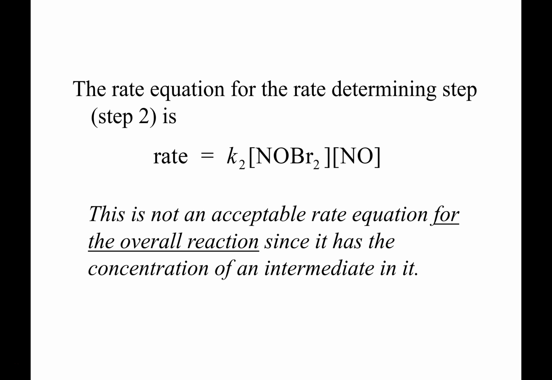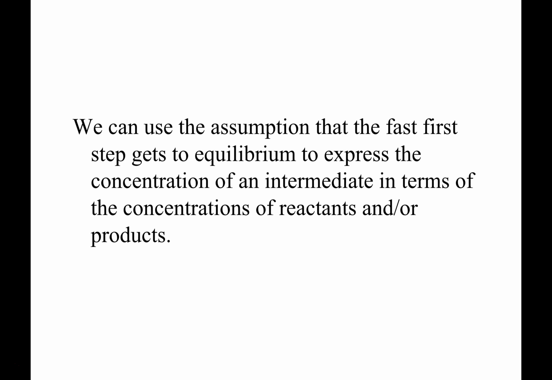If this happens to you, probably your slow step has an intermediate on the reactant side, because you use the molecular reactants to get your rate law expression. If you look before it, you're probably going to have a fast equilibrium elementary step, and I'll show you how you can use that to your advantage. In order to get out of this bind, we're going to look at elementary step number 1.